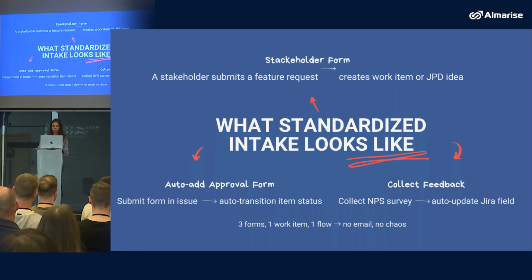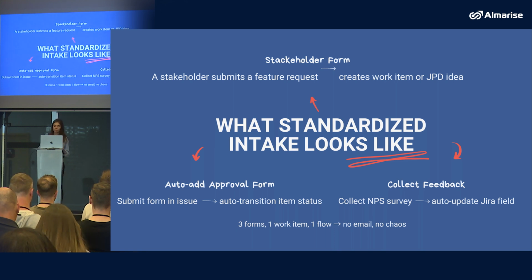Further, you can add, for example, an approval form from your manager for this feature request. Once the approval form is submitted, the status can be transitioned to the status of your choice. It can be, for example, In Progress for feature development.